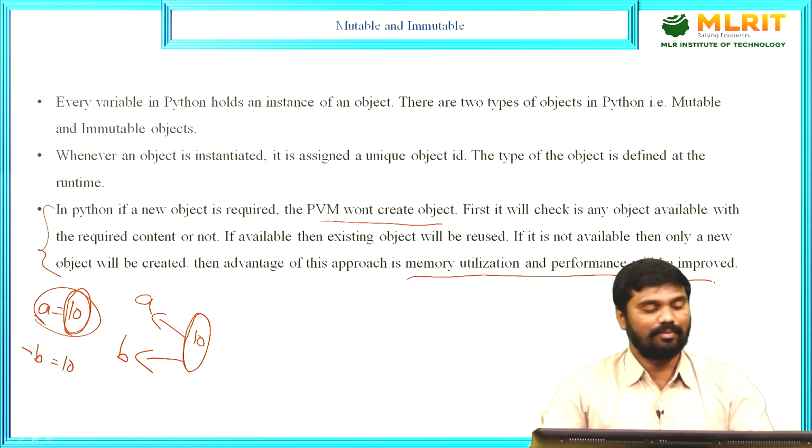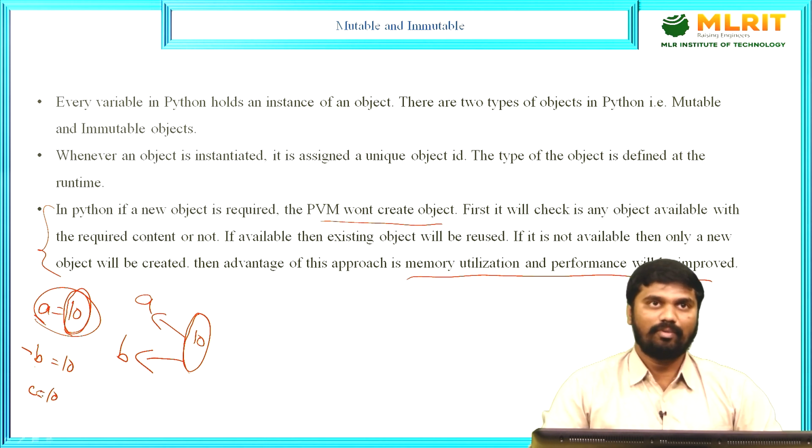For example, c equals 10, another variable assigned the same value. Now what will happen? The Python virtual machine won't create an object immediately for c. It will check whether there is an existing object with the same value in memory.